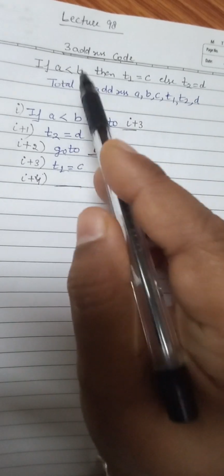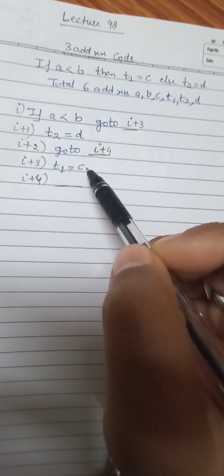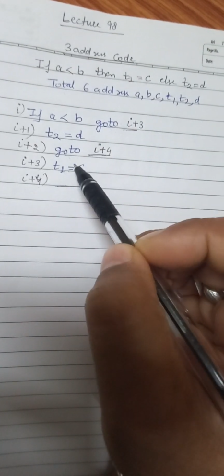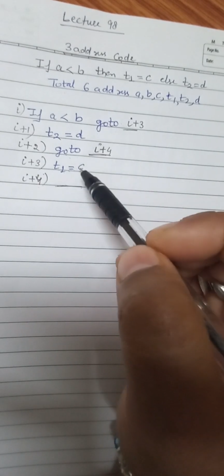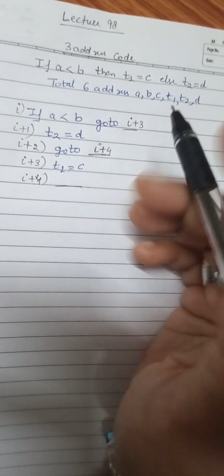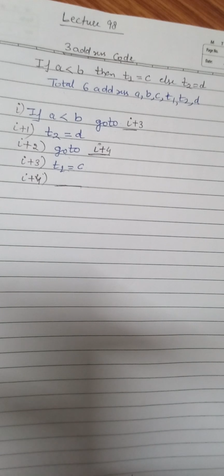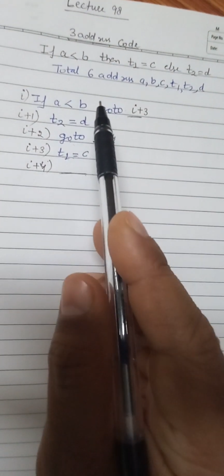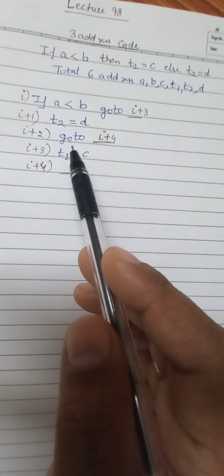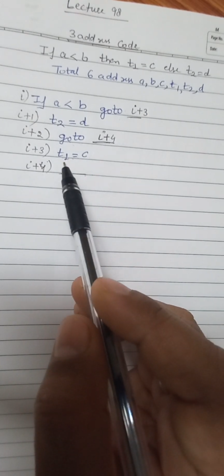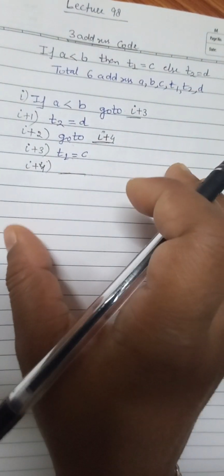We are writing if A less than B, then T1 is equal to C. We need to see the ordering. The ordering should be correct. If the order is not correct, then it will not work properly. As we know, it will go one by one. So this is the 3 address code for this.